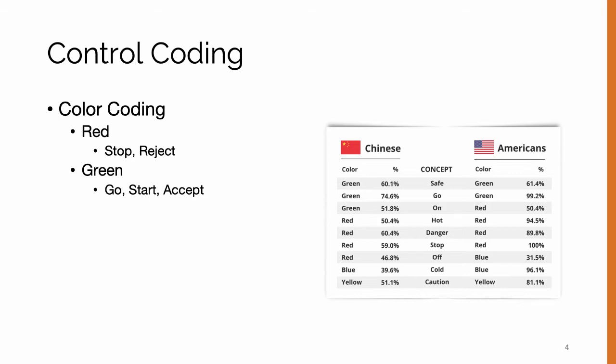Over on the right-hand side, you can see the concepts in the middle and kind of how they're perceived or identified with or associated with in both the US and in China. So you can see things like safe, and the color green is pretty darn similar in China and the US, whereas green and go is seen very strongly in the US and just somewhat strongly in China. So it just goes to show that these things aren't completely universal in terms of their color and the associations they have with it, but there is an awful lot of overlap.